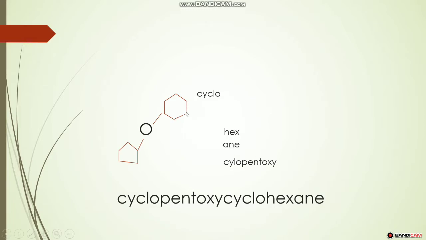If given an ether with a cyclic substituent, we will still follow the same rules. First, we will identify the longest chain. And in this example, this is the longest chain. We have 1, 2, 3, 4, 5, 6 carbons. So we can give the first name as hex and the last name as N. And since it has a ring, we can give the prefix cyclo.